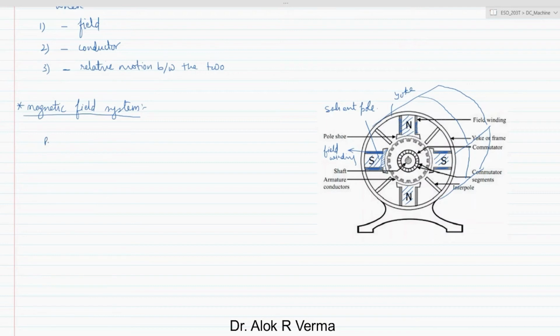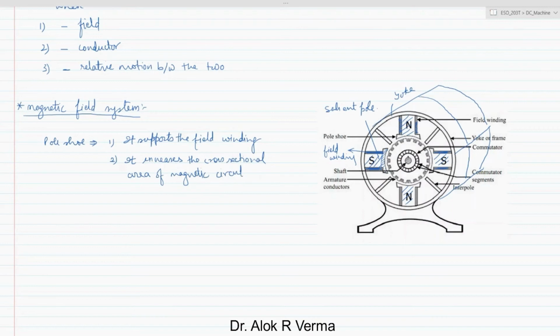The pole shoe has two functions. One is that it supports the field winding, and the second is that it increases the cross-sectional area of the magnetic circuit and reduces its reluctance, which results in a lower reluctance magnetic circuit.